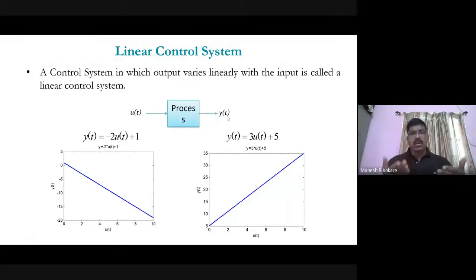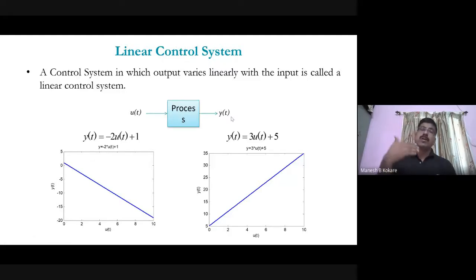Now in the third case, when you combine the first and second input, u(t1) plus u(t2), and then your output is y(t1) plus y(t2). Okay, so if your input is u(t1) plus u(t2), then your output is y(t1) plus y(t2), then such systems are called as linear systems.